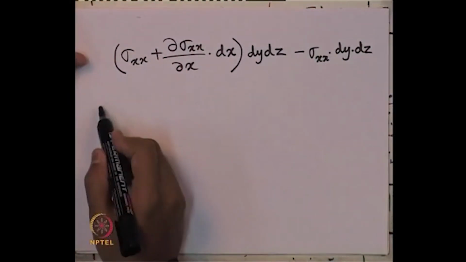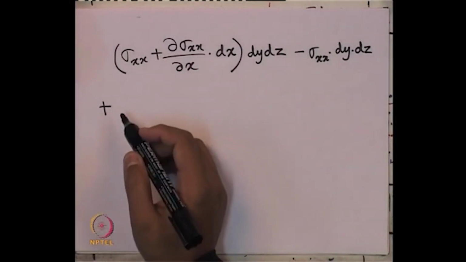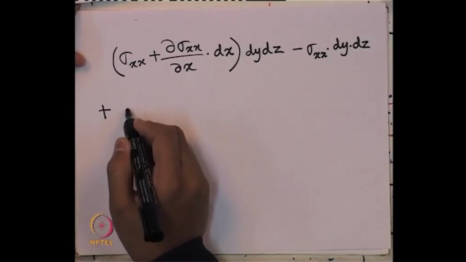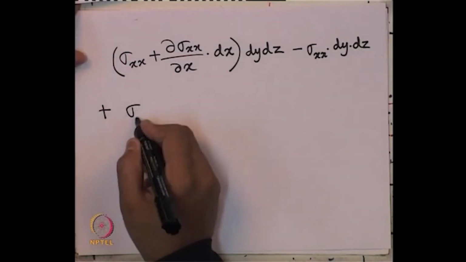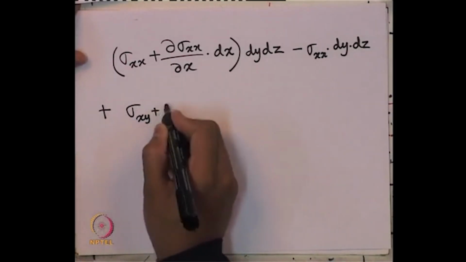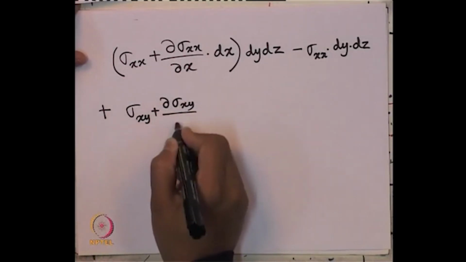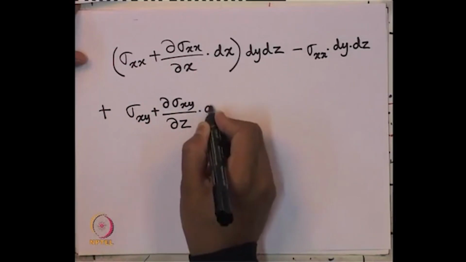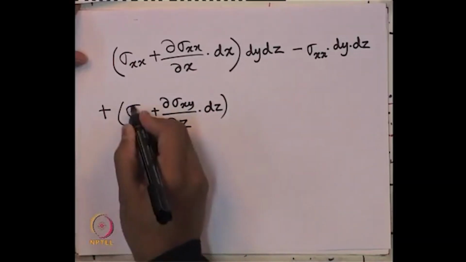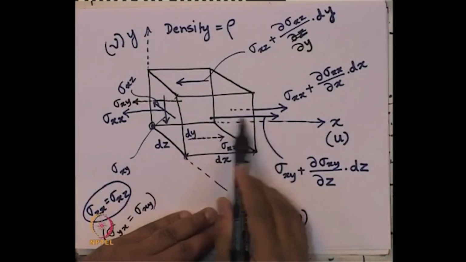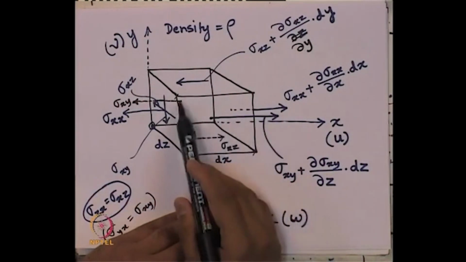Next, I have to write another one, which is sigma xy plus del sigma xy over del z times dz. This shear stress, let us look at here. This shear stress is acting on which plane?